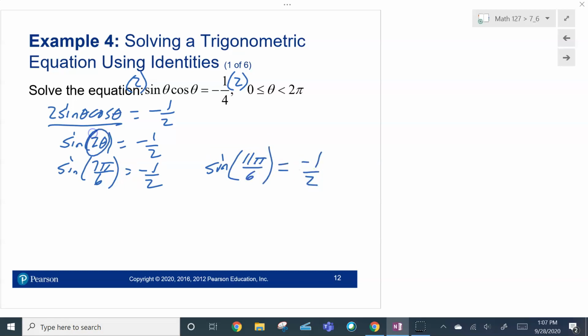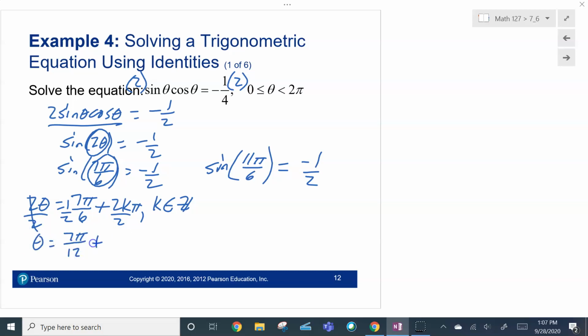So where does 2 theta equal 7 pi 6? In fact, I'm going to do this. It's 7 pi 6 plus any 2k pi, where k is an integer. And then I'm going to divide everything by 2. So theta ends up being 7 pi 12ths plus k pi, where k is an integer.